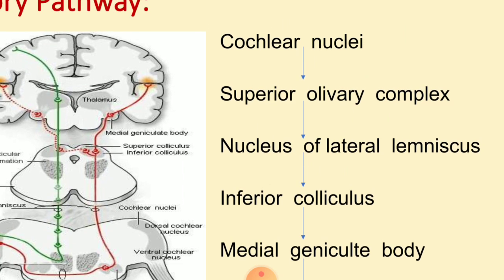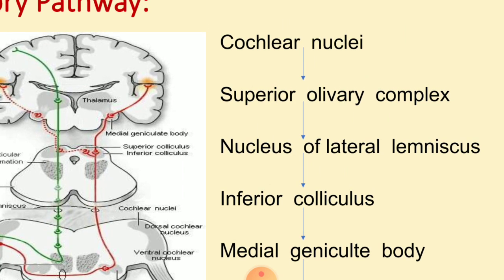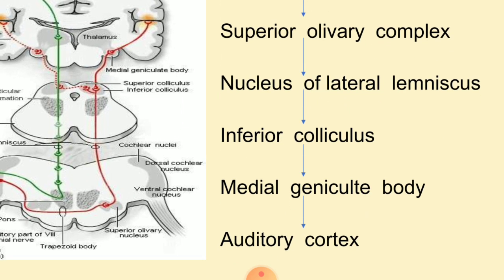Now these relay stations are the cochlear nuclei, then superior olivary complex, nucleus of lateral lemniscus, inferior colliculus, medial geniculate body and auditory cortex. In this entire course, one thing to be noted is that there is huge projection from both of the ears to both of the sides.